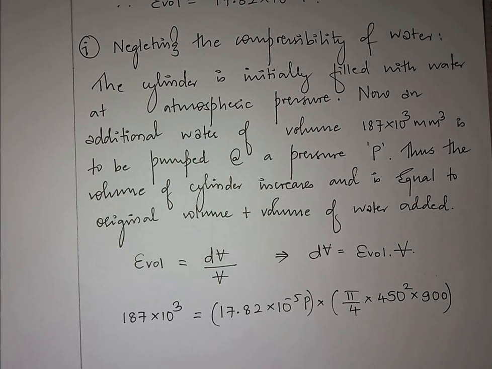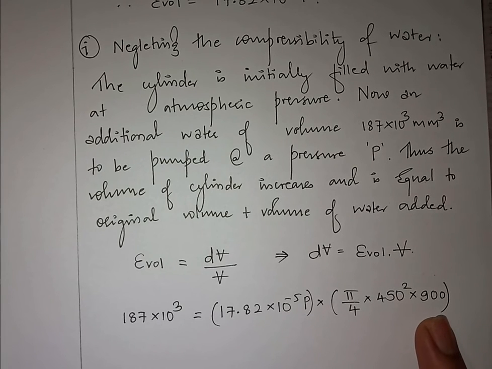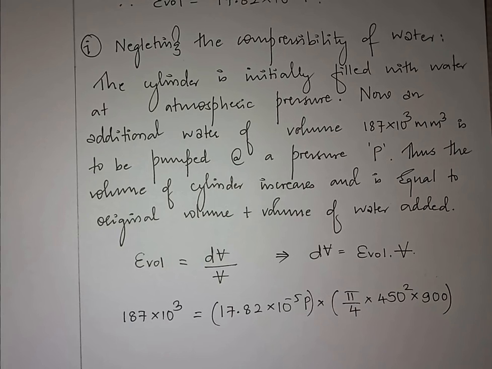It is given as 0.9 meter, so it is taken as 900 mm. Because everything is in mm, I also substituted the unit in mm. So if you are calculating, there is only one unknown term P.